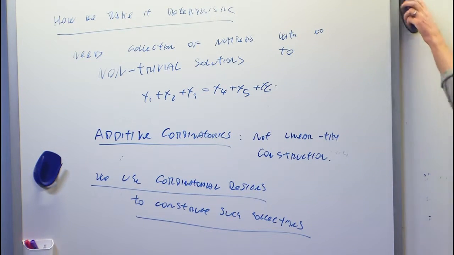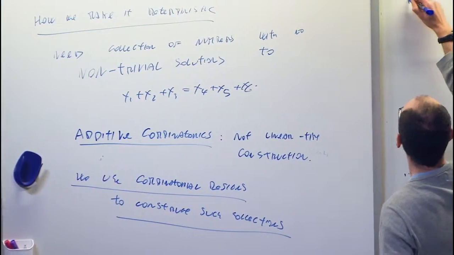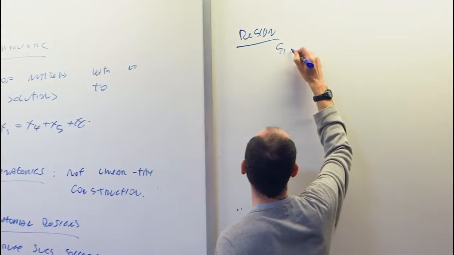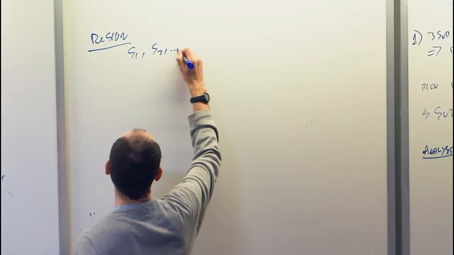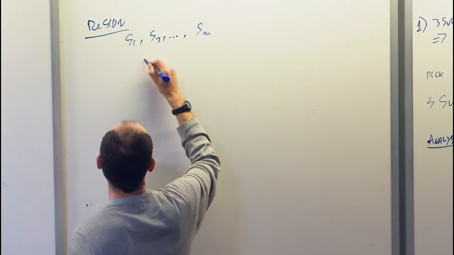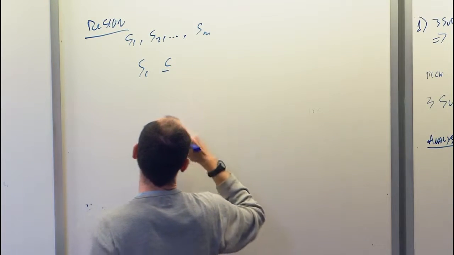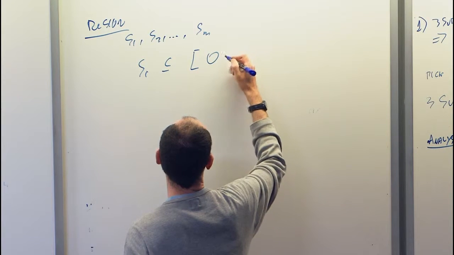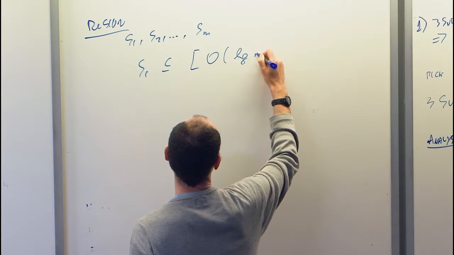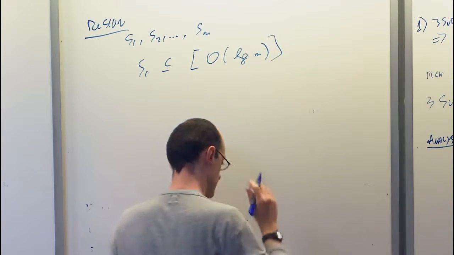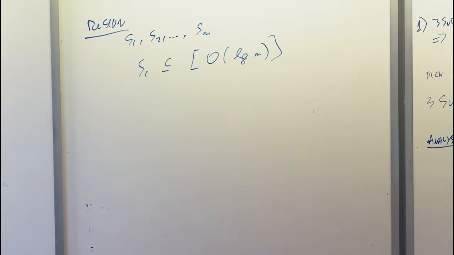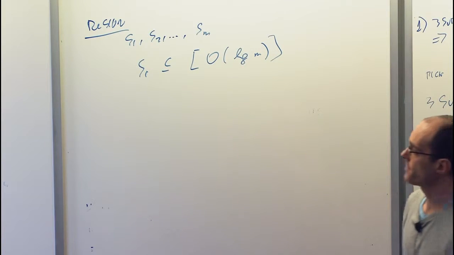For the design, I will pick a collection of m sets, where S sub i is a subset of a universe of size order log m. So just think of it as having order log m bits in the characteristic vector representation.